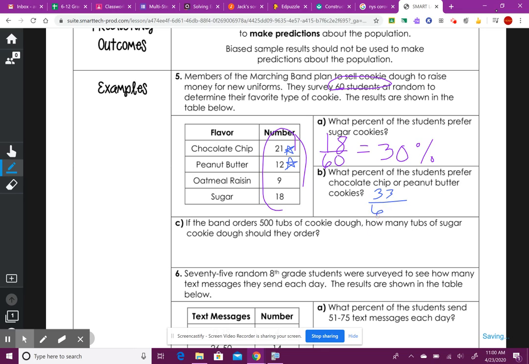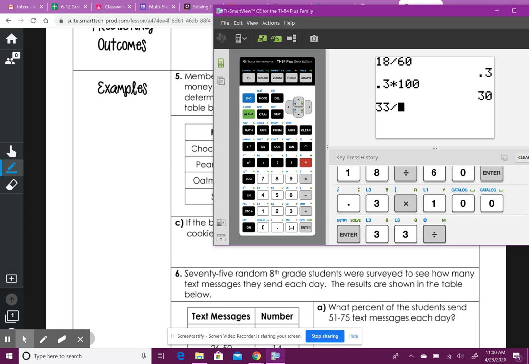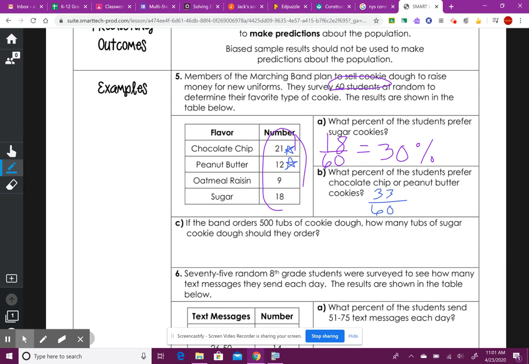Still out of 60, because that is how many students are still in the survey. And we type that in our calculator and we get our answer. So let's see, 33 divided by 60 is 0.55. If you multiplied that by 100, we would get 55% of those students like chocolate chip or peanut butter cookies.